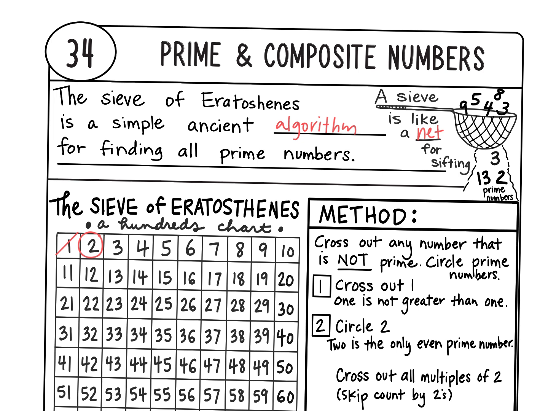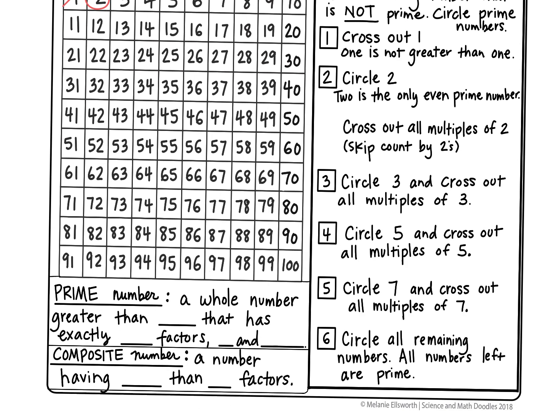So if we're already starting to get confused, let's jump to the bottom and talk about the difference between prime and composite. A prime number is a whole number greater than 1 that has exactly 2 factors, 1 and itself.